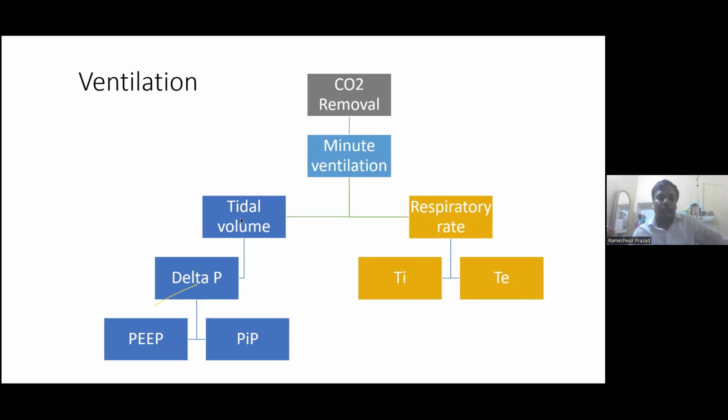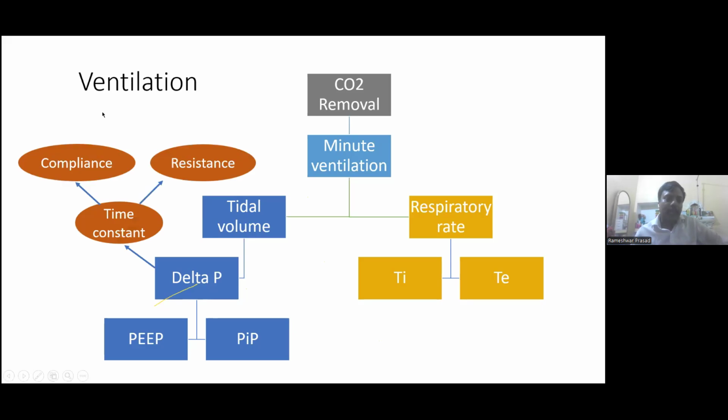So your target should be minute ventilation if your problem is removal of carbon dioxide. And delta P and tidal volume again depend on time constant, which depends on compliance and resistance. And all these things are parts of lung mechanics, which will be covered in the next talk. Therefore, I will not go into the details.